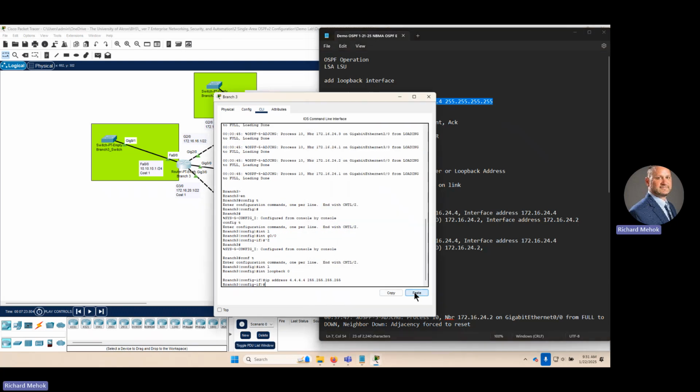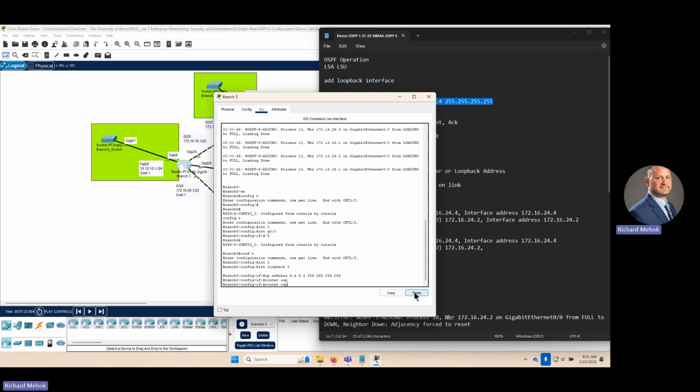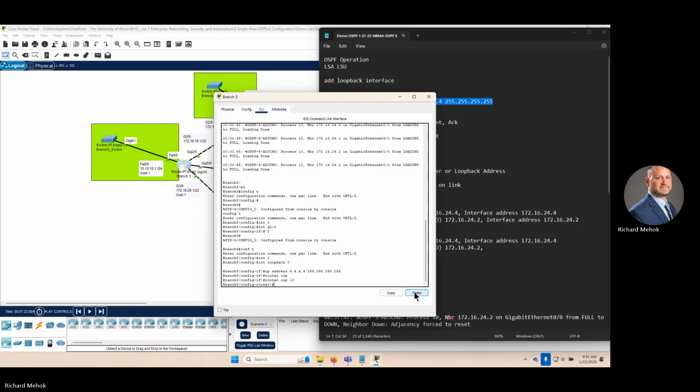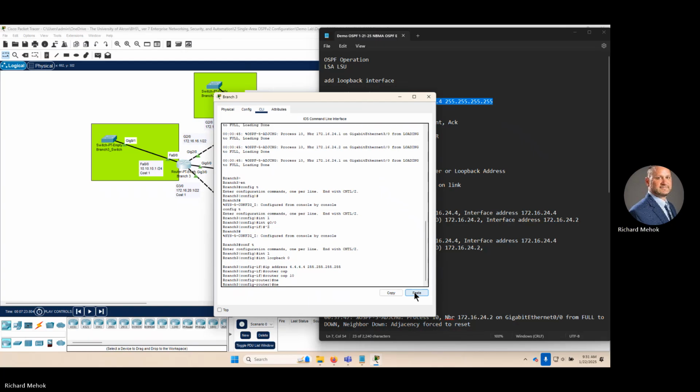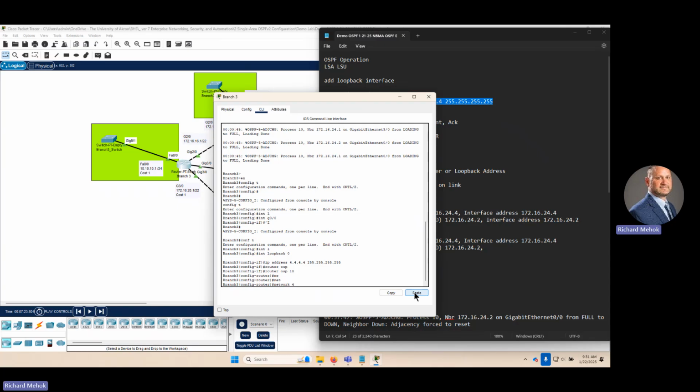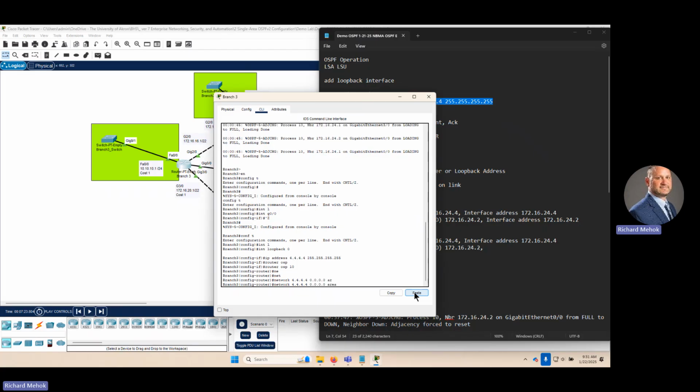Now we need to add it to OSPF. So it'd be router ospf, we're using 10, and then add the network 4.4.4.4. Wildcard is opposite of 255, 0.0.0.0, area 0.